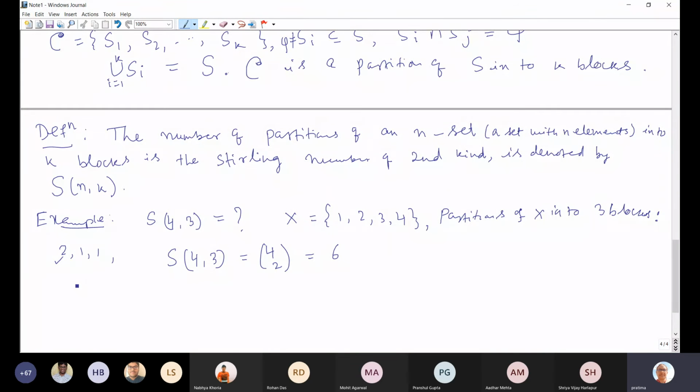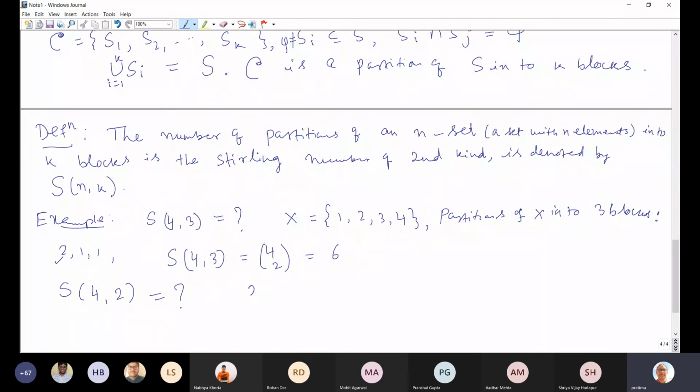Okay. Quickly, I'll tell you another example. This Stirling number, S(4,2). What will be this number? So here we are partitioning this set into 2 blocks. What will be the block sizes?